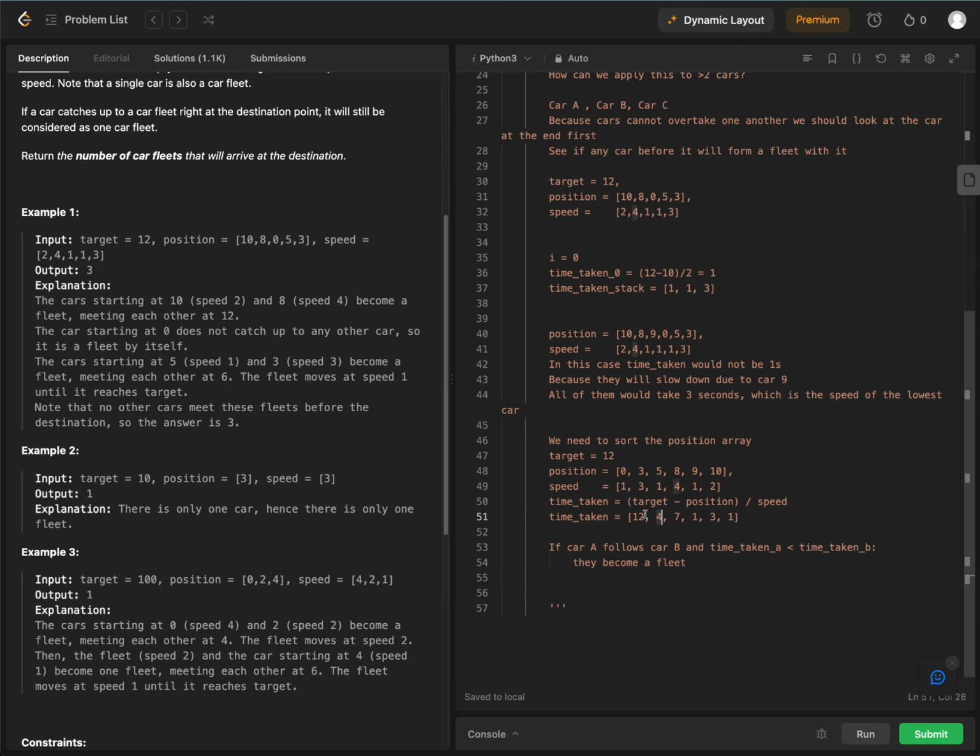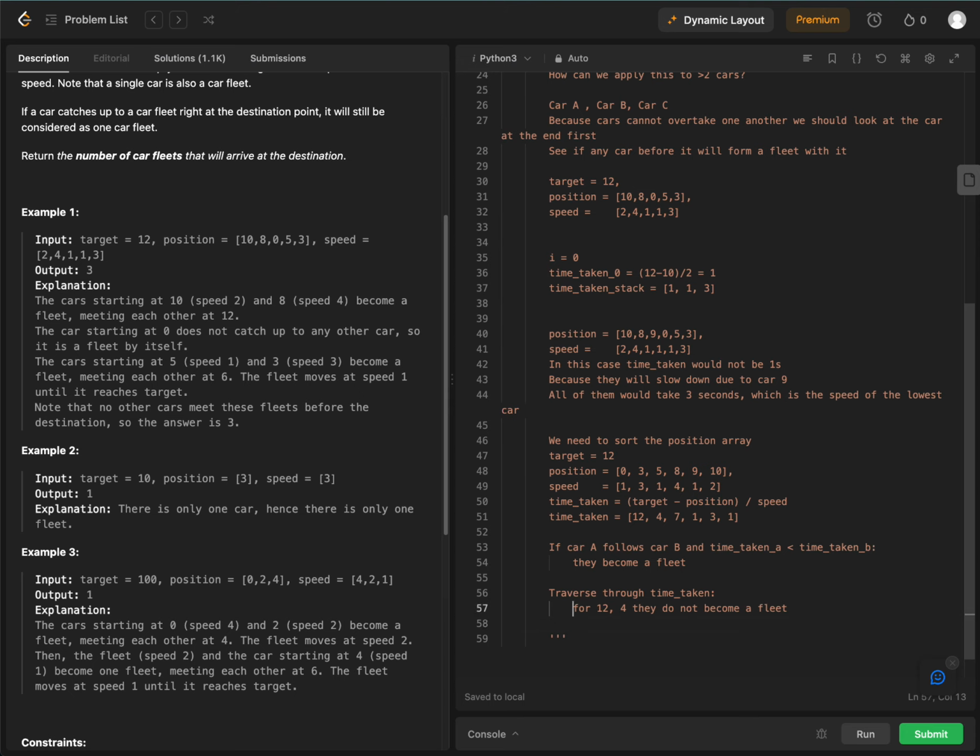Do 12 and 4 become a fleet? No, right? When 12 and 4 do not become a fleet, we increment the number of fleets by 1. So essentially, when we traverse through the time taken array, for 12 and 4, they do not become a fleet.